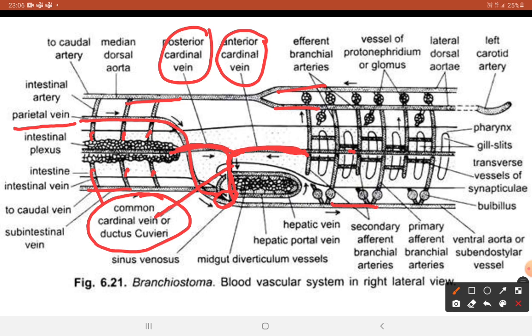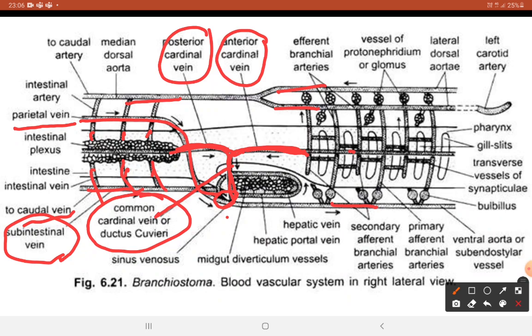Yes. So now the sinus venosus is receiving blood from which all blood vessels? From the intestinal veins and from the caudal vein. They both together form the subintestinal vein, and that takes the blood to the midgut diverticulum as hepatic vein, and from there it breaks up into glomerulus, and then it comes back and pours the blood into the sinus venosus.